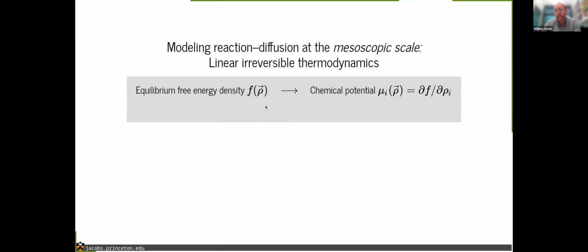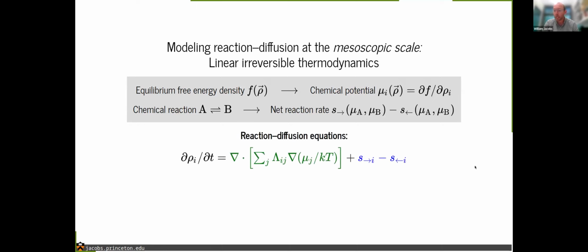So the key idea is that at small length scales, it's still possible, or at least it's assumed to be still possible, to define a free energy, right? So given some free energy density F, we should be able to compute a chemical potential. This is a purely equilibrium quantity, but then we would add in some chemical reactions that have some net reaction rate that's dependent on these chemical potentials. Say for two species A and B, we have a forward rate and a backward rate.